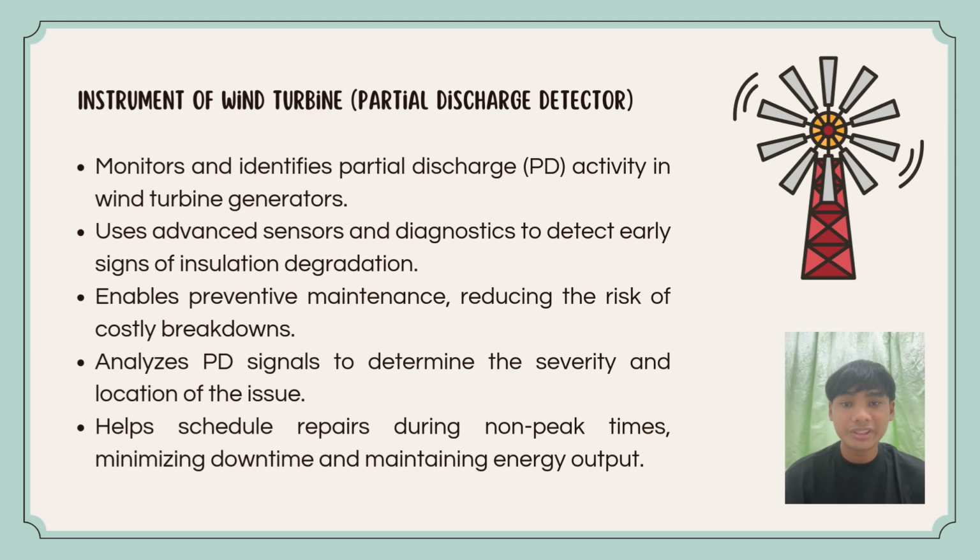It enables preventive maintenance, reducing the risk of costly breakdown. It analyzes PD signals to determine the severity and location of the issue. It helps schedule repairs during non-peak time, minimizing downtime and maintaining energy output.